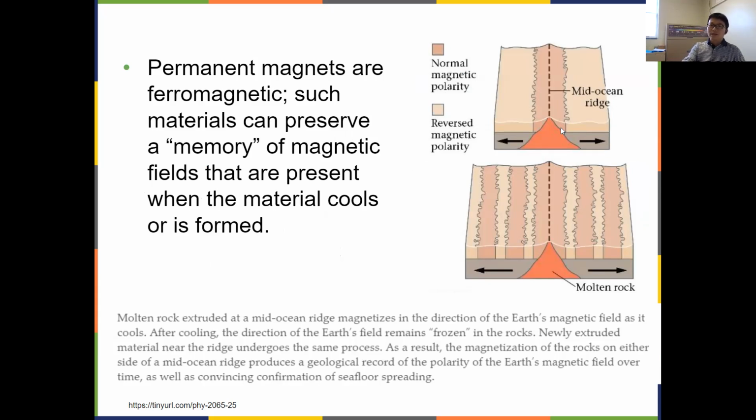That magnetism will be maintained when it is frozen and becomes molten rock. Over time, you can study when the Earth's magnetic field reversal happens. That information will be obtained from the molten rocks.